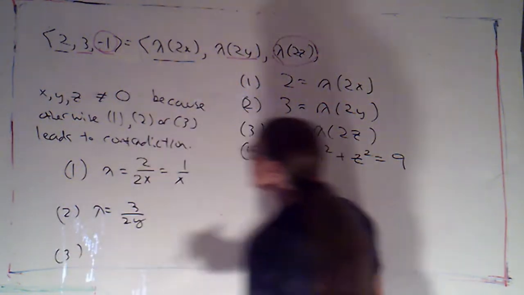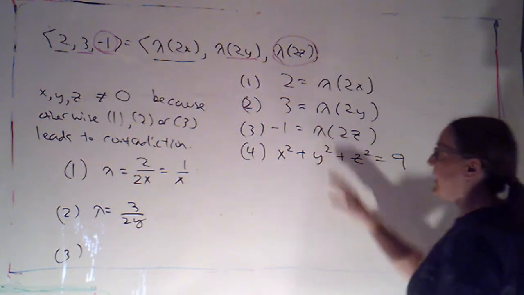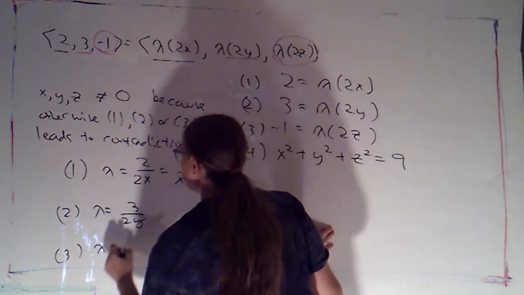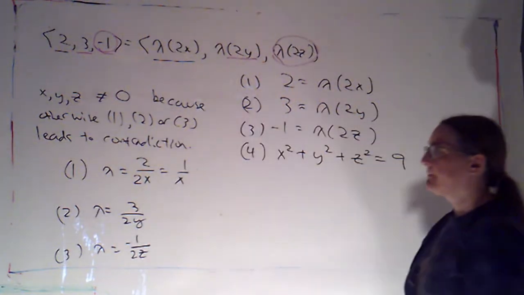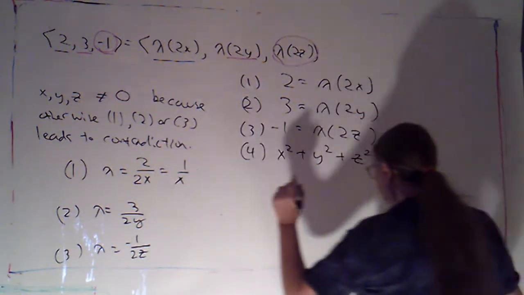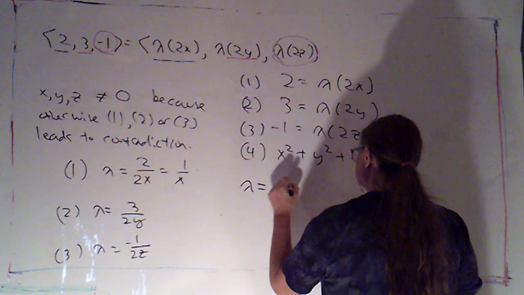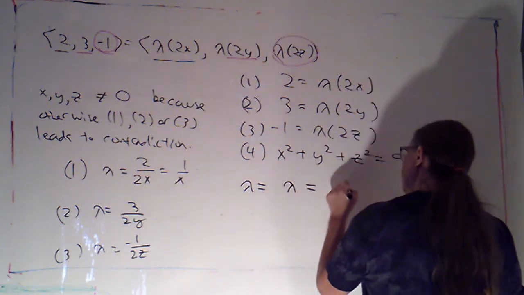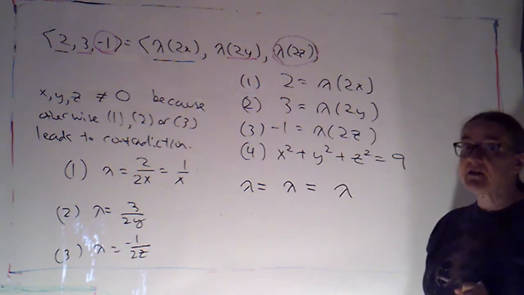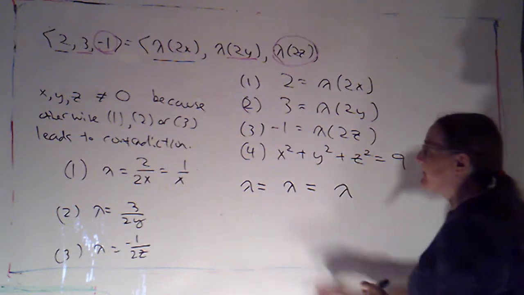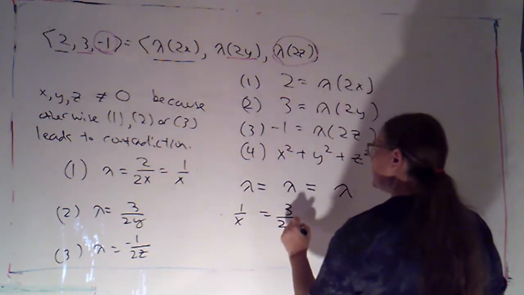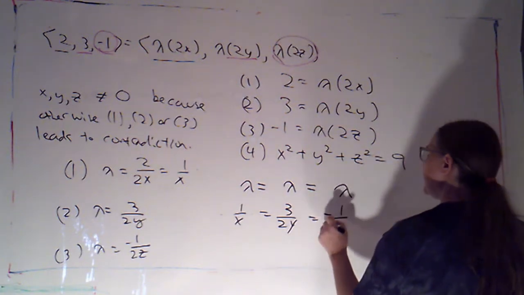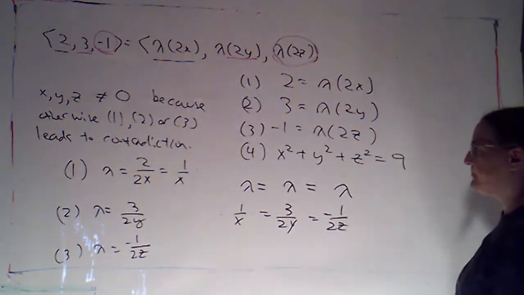And using equation 3 to solve for lambda, I'm going to get that lambda is negative 1 over 2z. Now, using the brilliant observation that lambda is the same thing as lambda, which is the same thing as lambda, I can say that 1 over x is equal to 3 over 2y is equal to negative 1 over 2z.